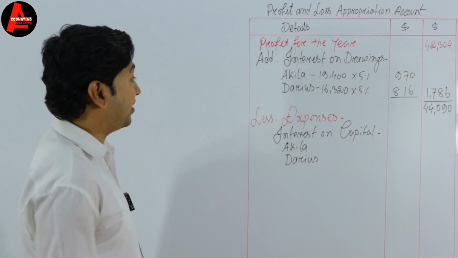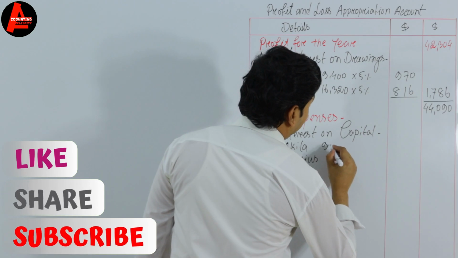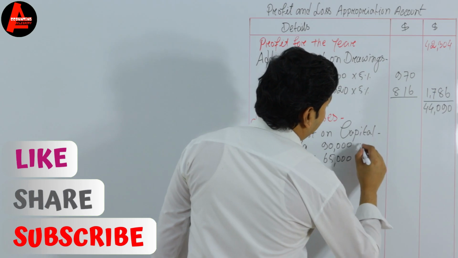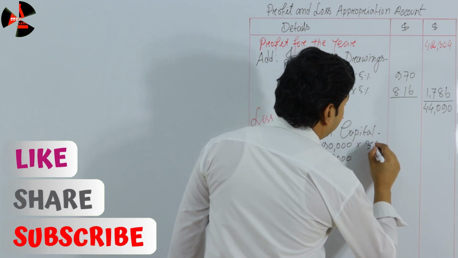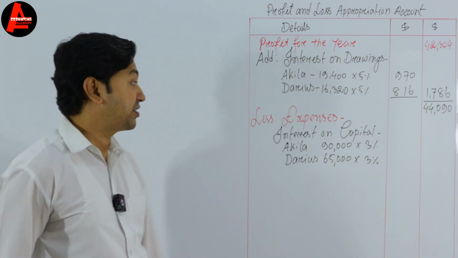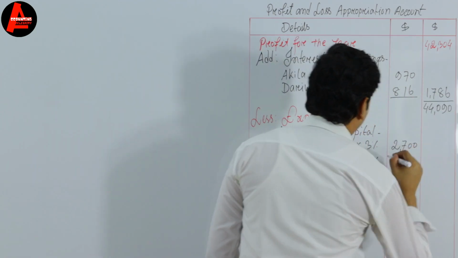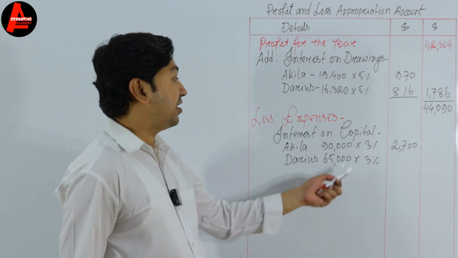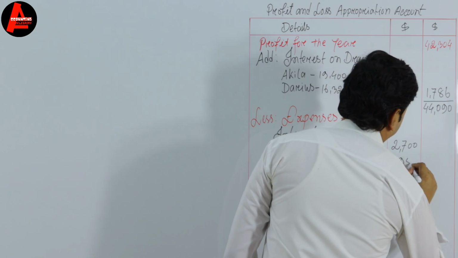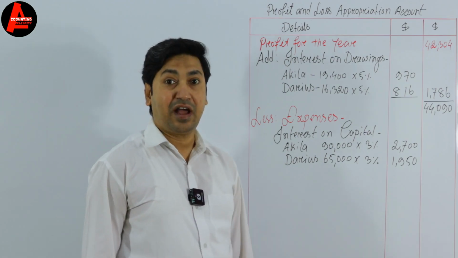So we write the capital first: Aquila $90,000 and Darius $65,000, and the rate of interest is 3%. Multiplying $90,000 by 3% gives $2,700 for Aquila, and $65,000 times 3% gives $1,950 for Darius. So we calculated interest on capital.